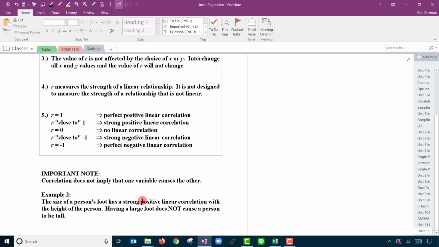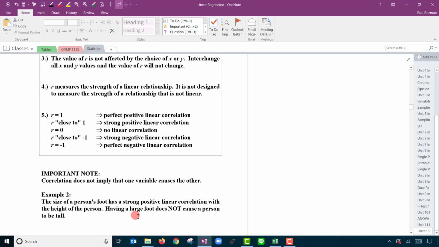You can find that as the number of pirates in the world has decreased, the number of cancer cases has increased, and you can measure that, and you'll get a very high correlation value, close to 1.